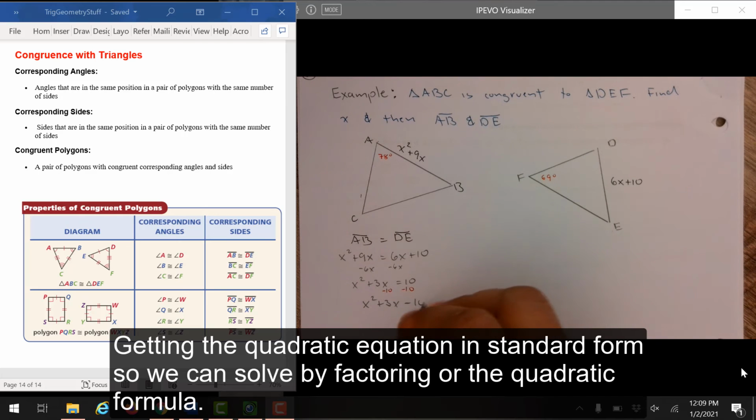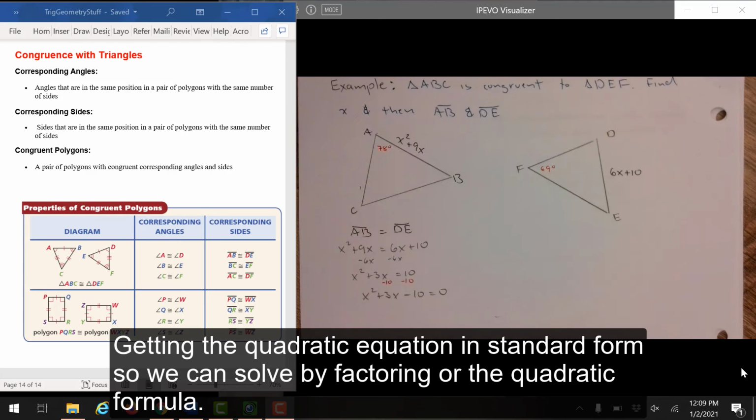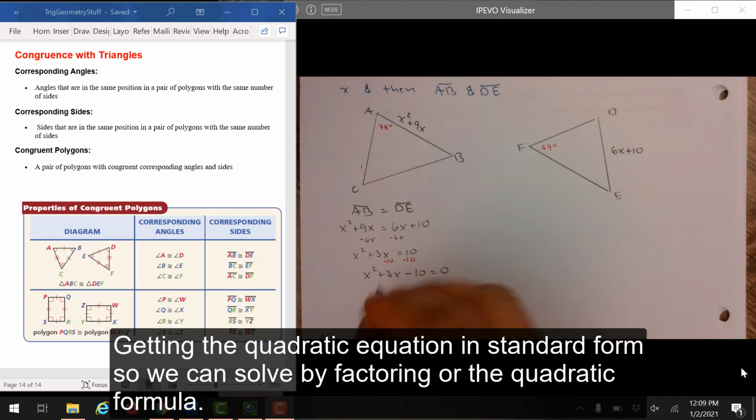Getting the quadratic equation in standard form so we can solve by factoring or the quadratic formula.